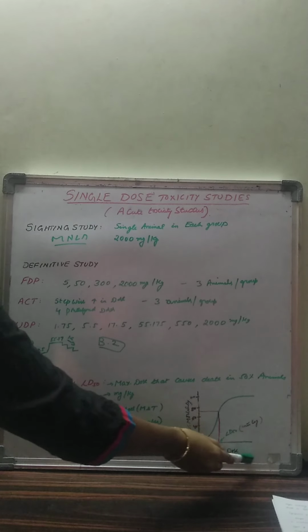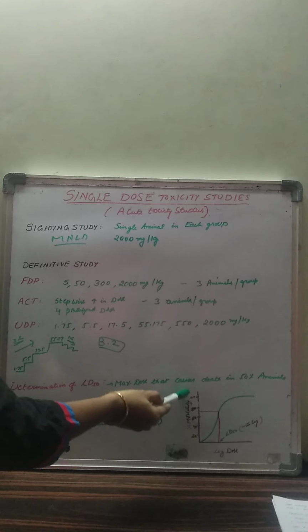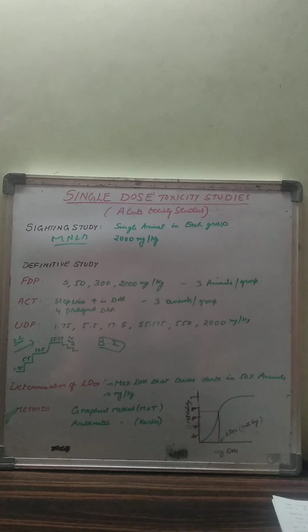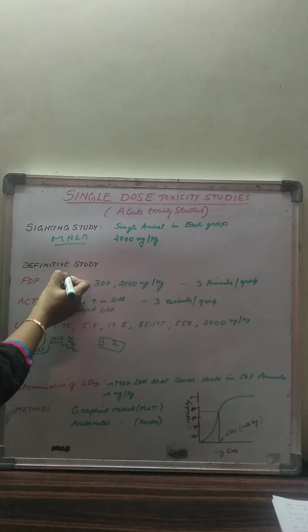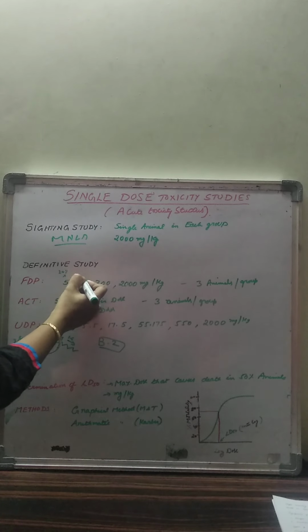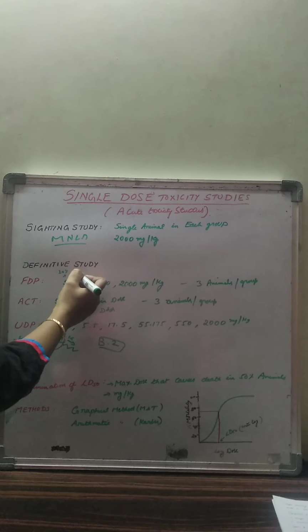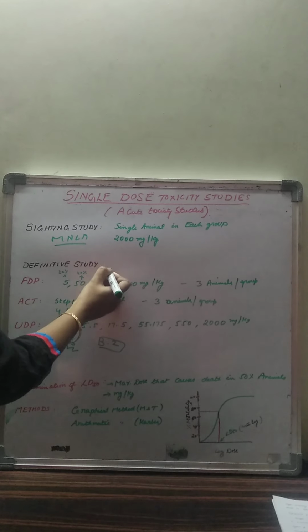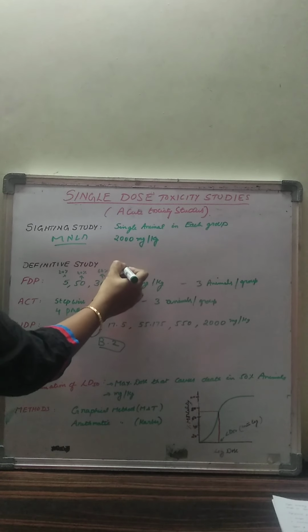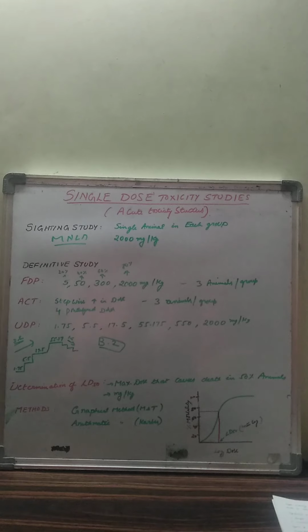Log dose here, and here you go with the mortality. For this dose you have 20% animals dead, for this 40%, for this 60%, and for this 80% animals. Whatever observation you have, you can write down.